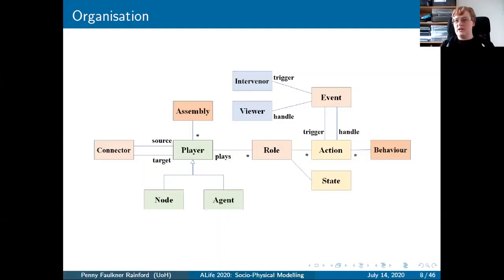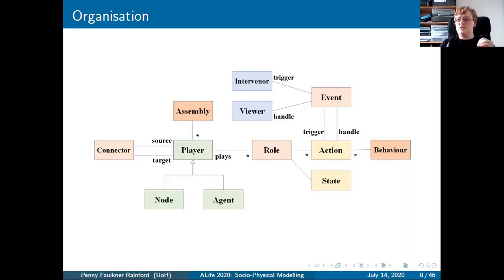For instance, if we're working in a transport network, we want to be able to say, have weather events occur in our system and affect our transport, but we don't want to simulate weather. So by having an intervener, we can just trigger that event in the system. We don't have to worry about it.